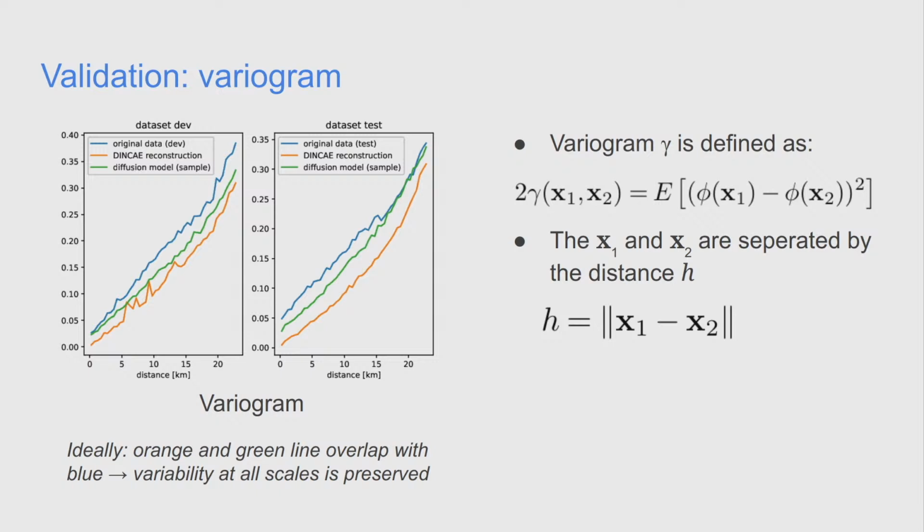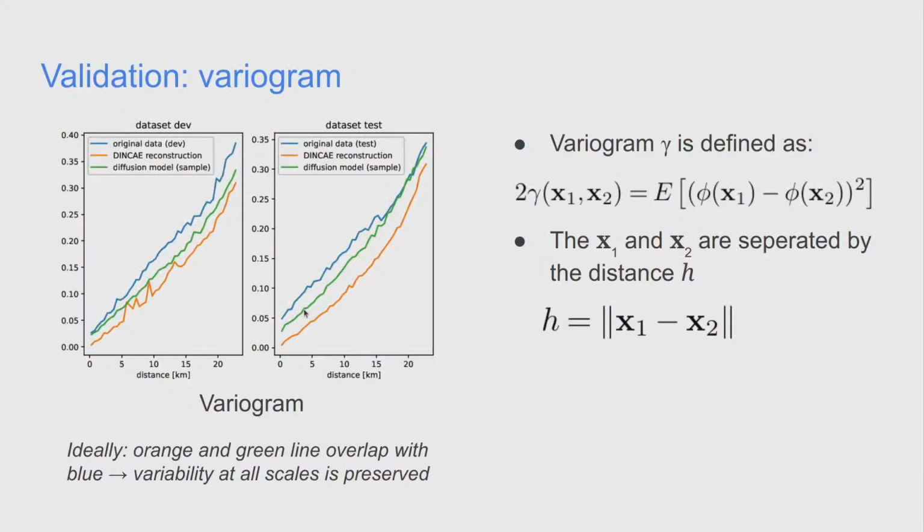We see here that in blue is the original data. In orange is the DINCAE data, the traditional UNet, and we see that we're losing a lot of information at small scales. But with the diffusion model, we can actually recover a lot of this variance. It's not as variable as the original data, but it's already much better.